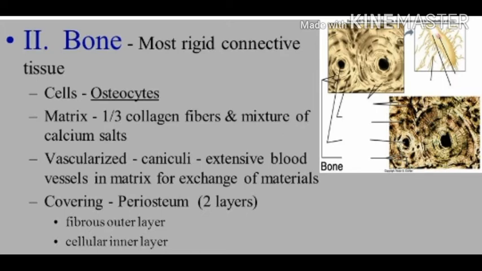Also, when compared to cartilage, bone is highly vascular, meaning it is richly supplied with blood vessels. So, the healing time required for a bone injury is comparatively less than for a cartilage injury. That is about the cartilage and the bone, which are specialized connective tissues.